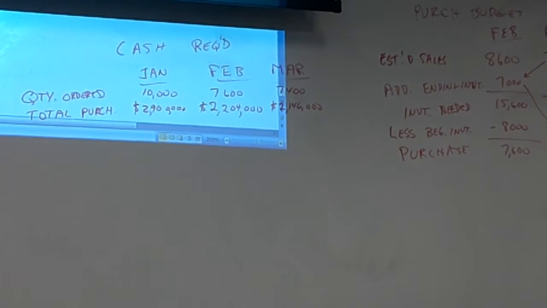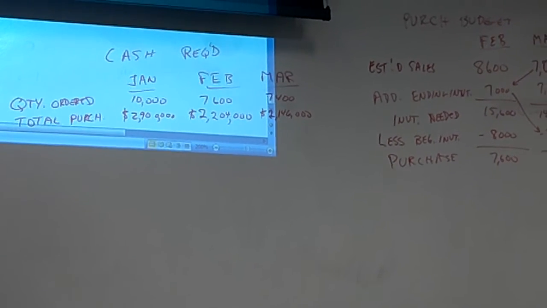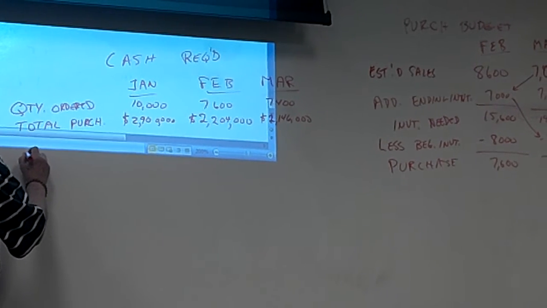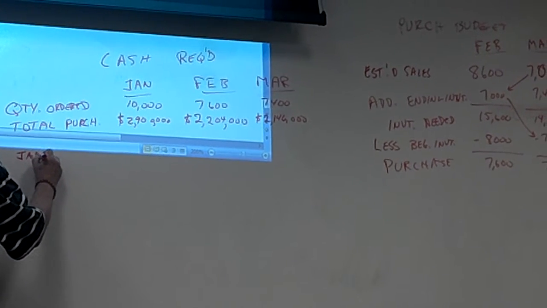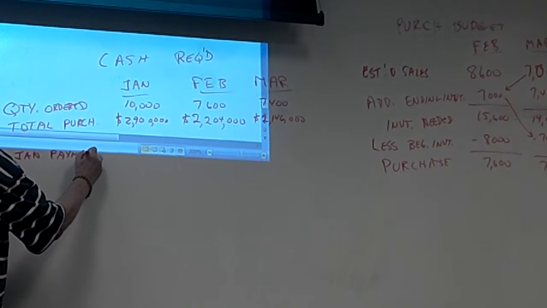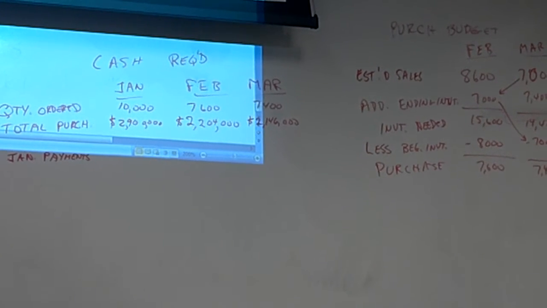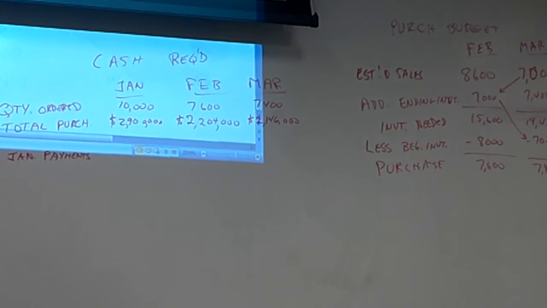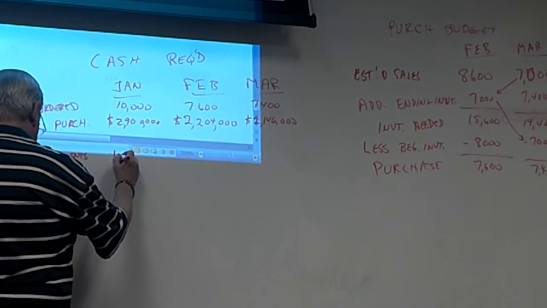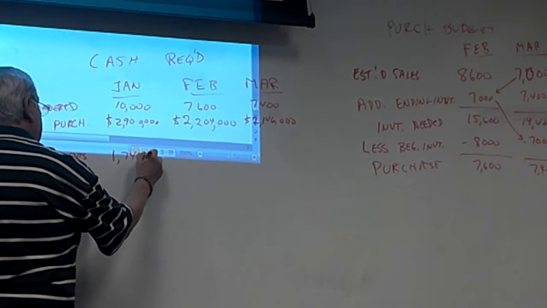Now, the problem says that in the first month, you pay 60%. So in the January payments, how much did I pay in January? 1,740,000. 1,740,000.